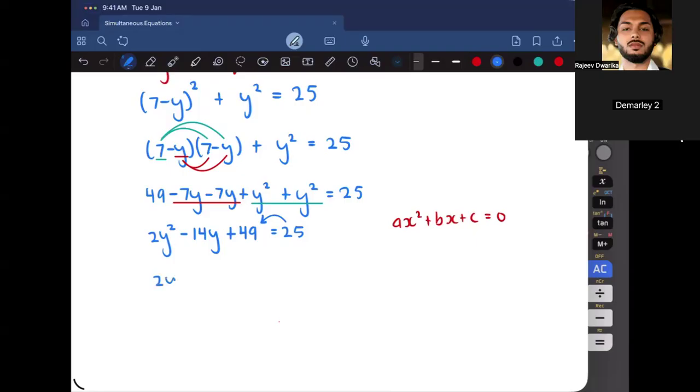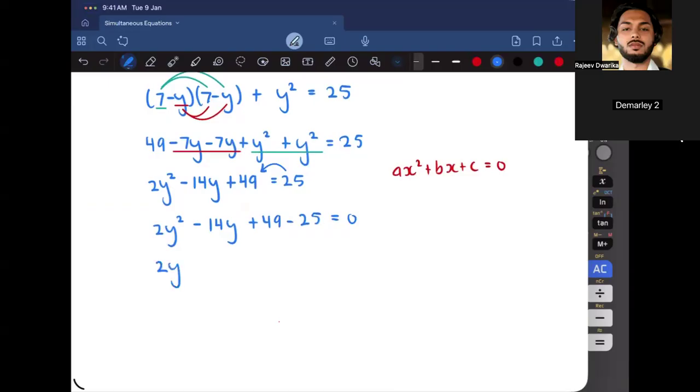So I'm going to end up with 2Y squared minus 14Y plus 49 minus 25 equal to 0. So that's 2Y squared minus 14Y. And what is 49 minus 25? That would give you 24.